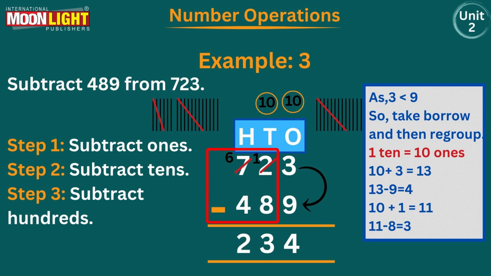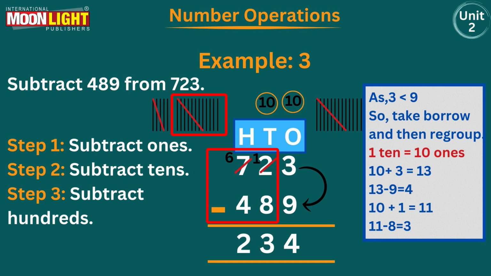So I will take 1 borrow from hundreds. Yes, so I will write 10 on top of the tens place. Then I'm going to cut the number 7 and write the number 6 over here, because this is giving 1 borrow to me at tens place. I'm going to regroup the numbers lying at tens place according to my second step.